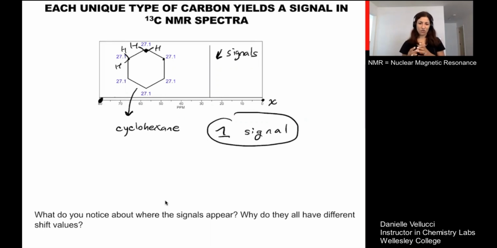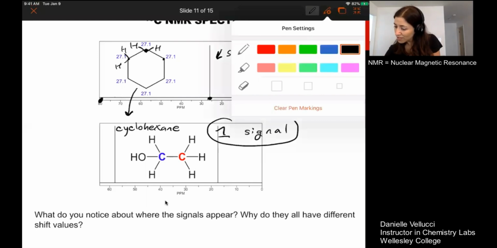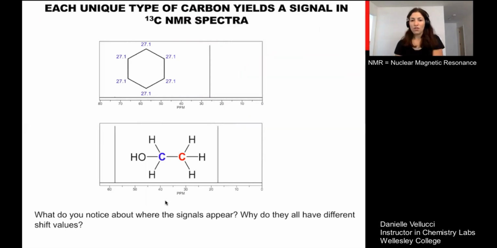You can dig a little bit further into your C13 spectrum, and you could look at where specifically on this x-axis your signal falls. Okay, so let me erase my drawings here. For instance, let's take the molecule ethanol. I have a carbon shown in red here. That's a CH3 group. And I have the carbon shown in blue that's directly attached to the alcohol functional group.